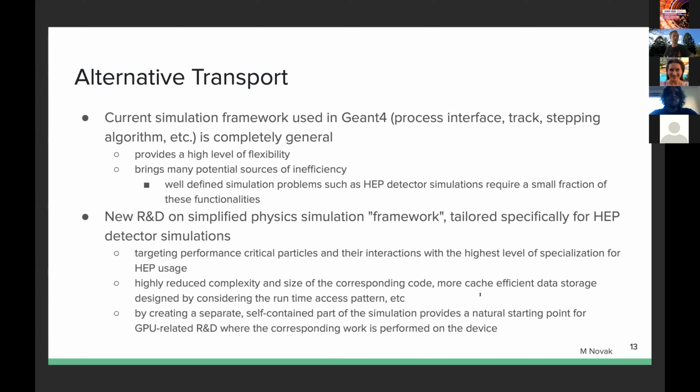So what's being targeted is really electromagnetic physics that we know is particularly expensive for the HEP experiments. And if we can do that, we feel confident that we could probably provide some fairly significant speed ups for HEP at the cost of a generality that maybe we don't need for this particular area.